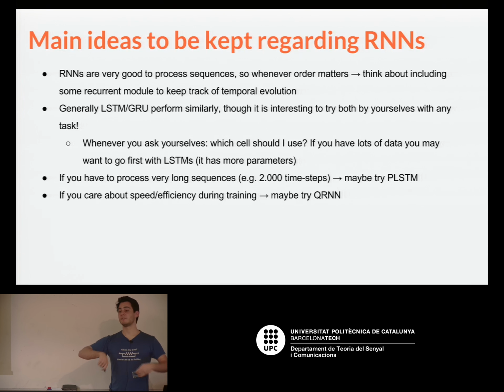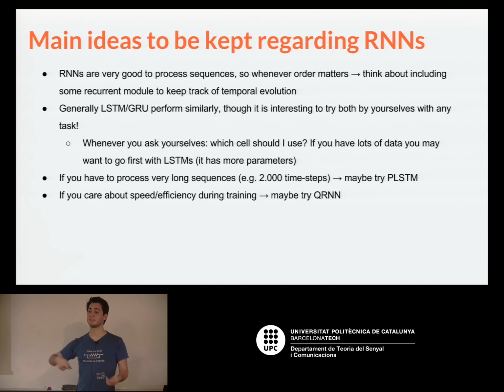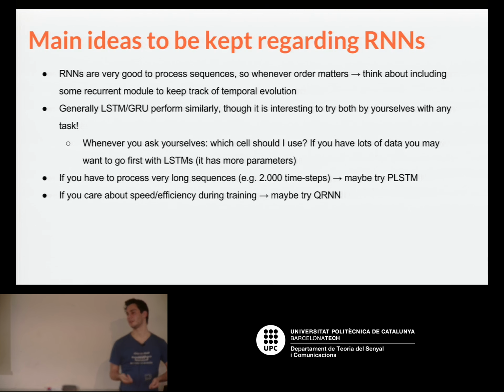But if you have lots of data, maybe go for LSTM, as it has more flexibility with more parameters. I don't know how to give a rule of thumb, but if you have huge amounts of data, LSTM may be better, if not, GRU, okay? Like, for 2,000 samples, I would go for GRU, for instance.